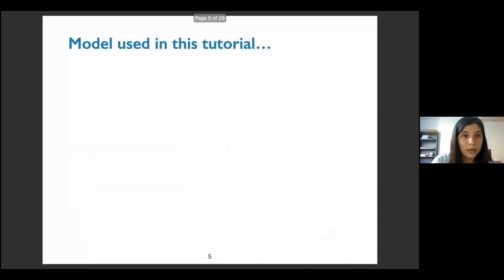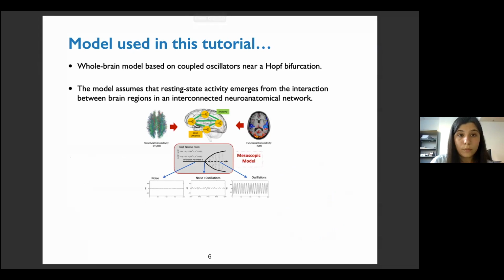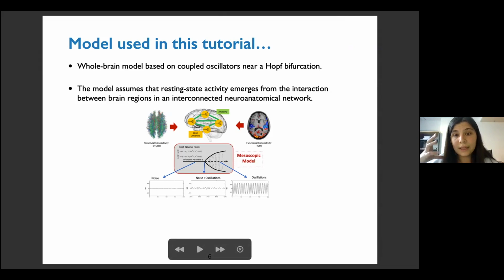In particular, in this tutorial, we are going to talk about the whole brain model that is based on coupled oscillators describing oscillation close to a Hopf bifurcation. So we have some Hopf oscillators. In this model we have the functional connectivity, so we have the fMRI data and the dynamics of the brain signals.